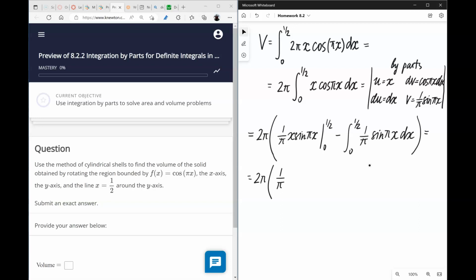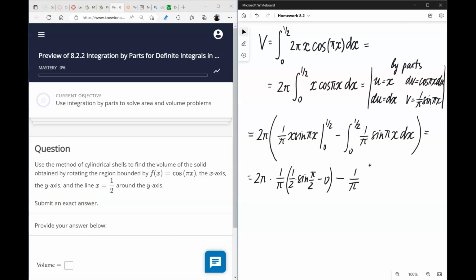Plugging in the boundaries, so we have 1/2 sine of pi over 2 minus 0. And here we take out the 1 over pi.